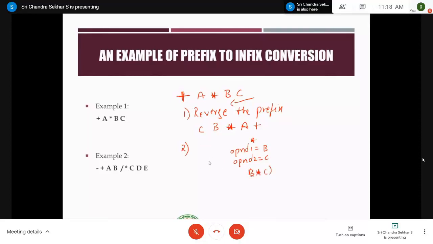Let me take a bigger stack. So it becomes B star C, and then the next symbol is A, push it onto the stack.